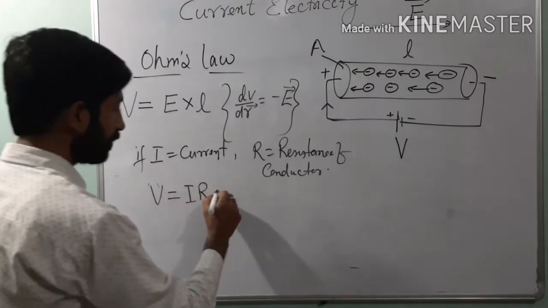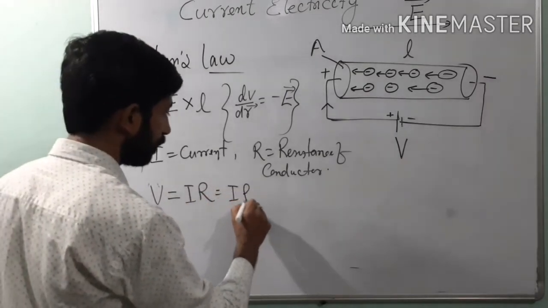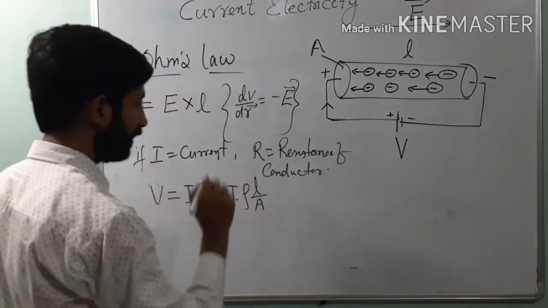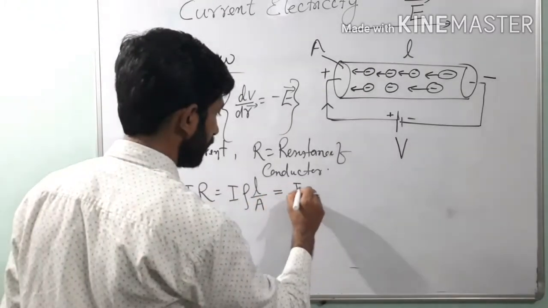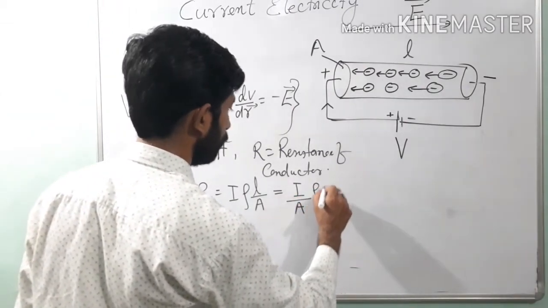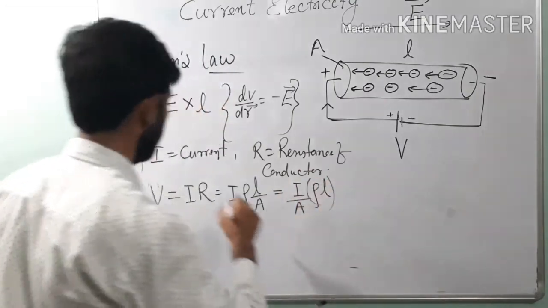Now R is equal to what? Rho L over A. Agree? This can be written as I over A and rho into L.